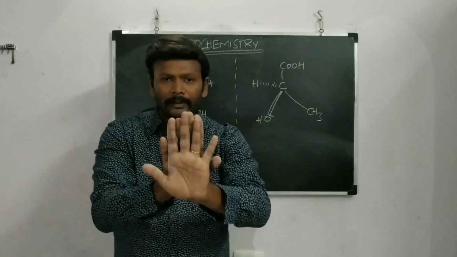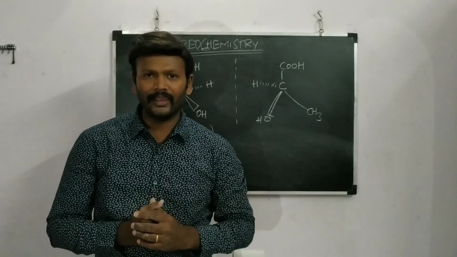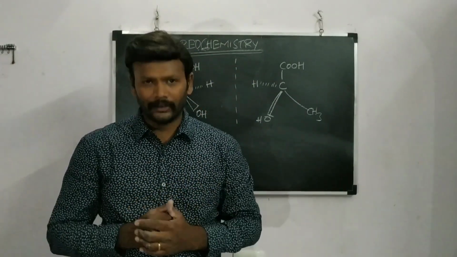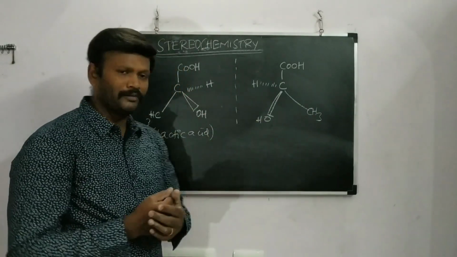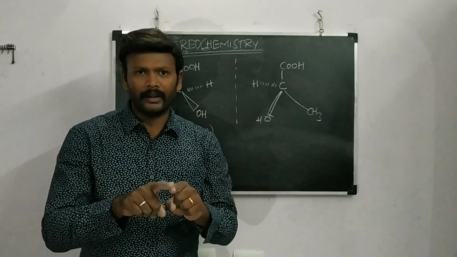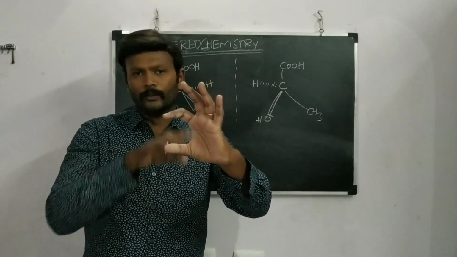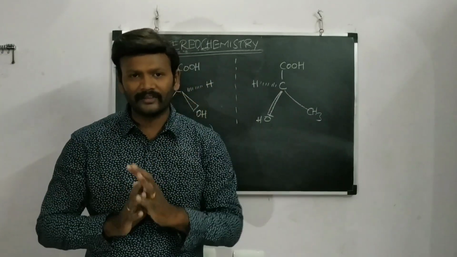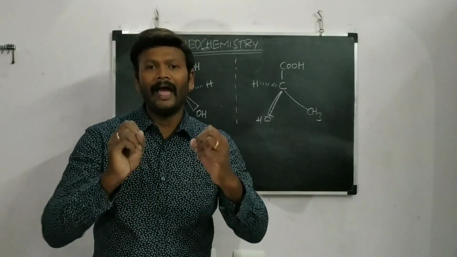If it is non-superimposable, they are said to be optically active molecules. Are you able to understand, students? If a carbon atom has 4 different groups around it, that molecule is said to possess a chiral center. If it is a chiral molecule, it is optically active.